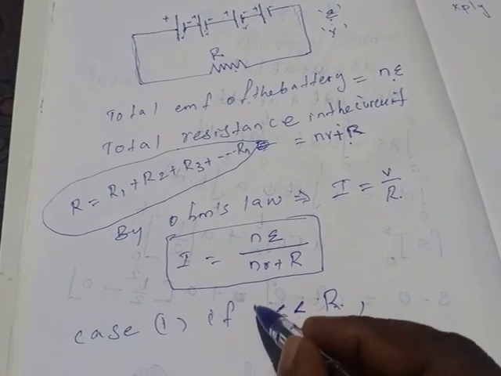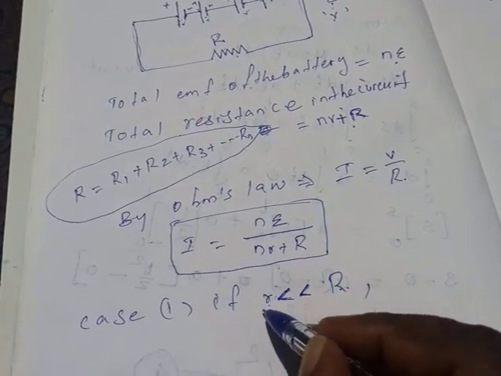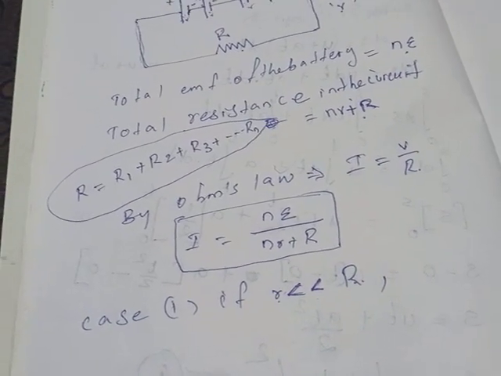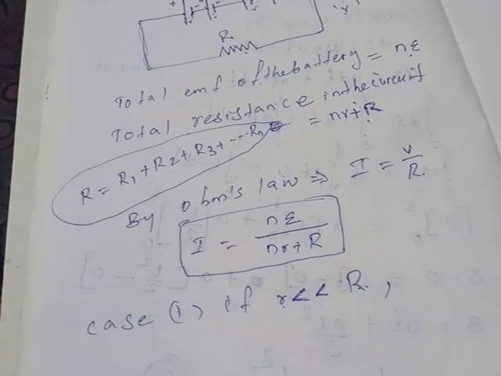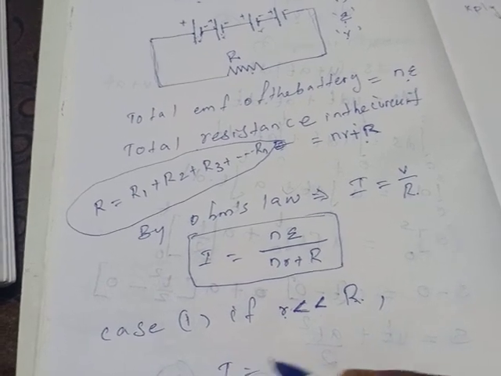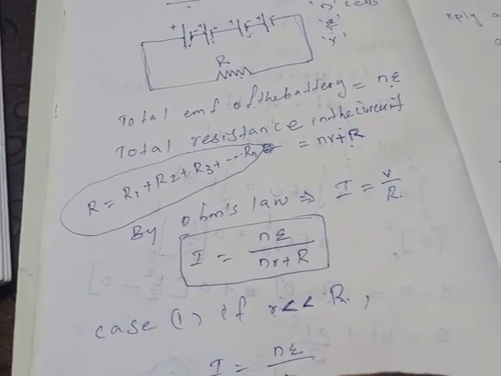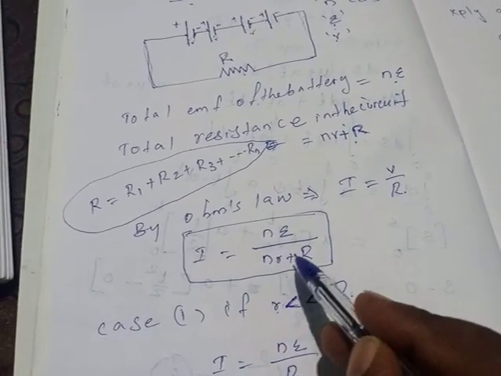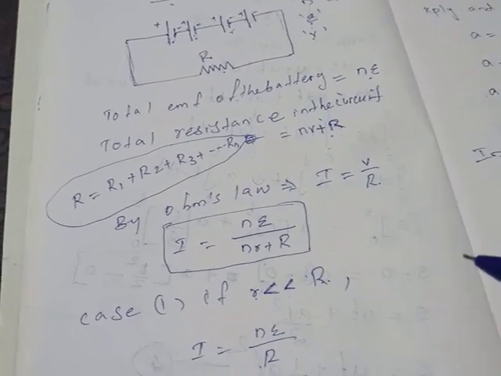When comparing the external resistance and the internal resistance of this battery, the internal resistance is very small, so it is neglected. So from the formula, we can write I is equal to N epsilon by R.